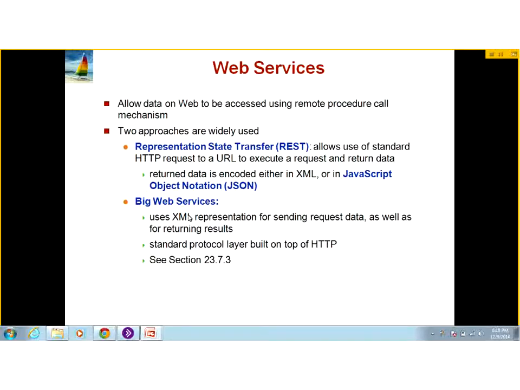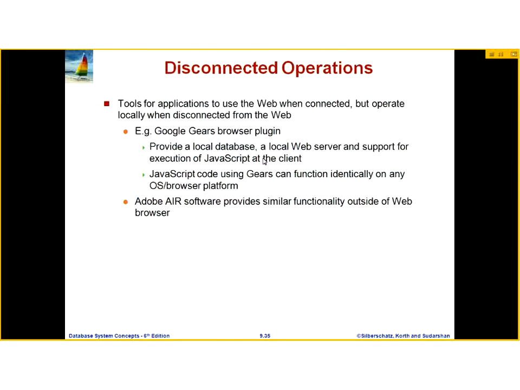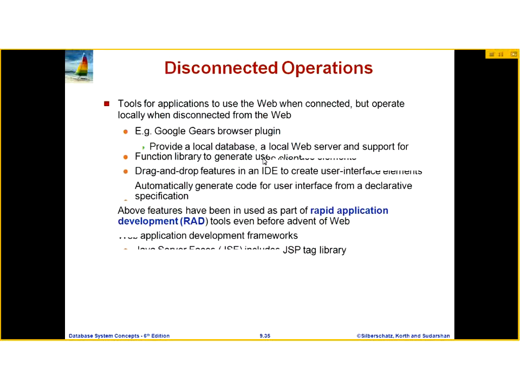You can use any of these web services. There are also tools for applications to use the web when connected, but operate locally when disconnected from the web. You can perform certain operations while you are not connected to the internet, and some software and web browsers allow you to perform disconnected operations.